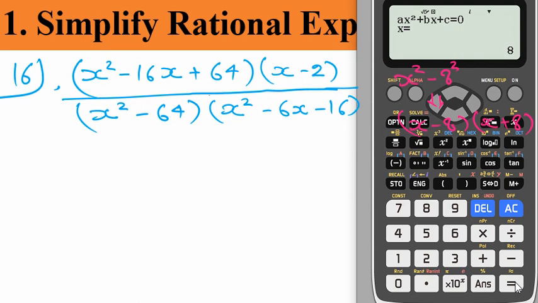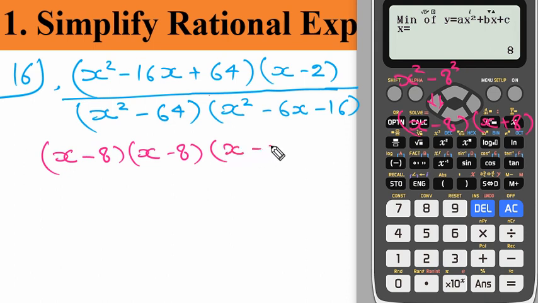Now that is giving x1 is 8 and another is, what have I done? Okay, this is 1, negative 16, plus 64, right? Okay, 8 and 8. Okay, good. We are getting 8 and 8, so this is positive 8. So what will be the factor? That will be x minus 8 multiply x minus 8.